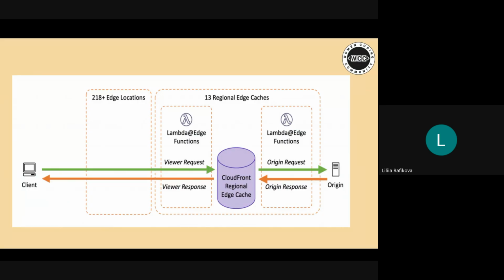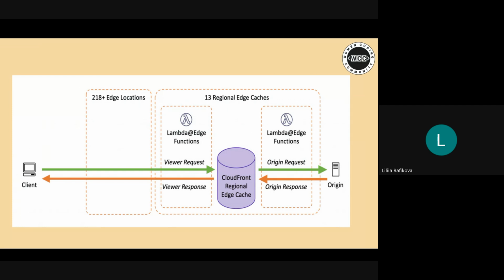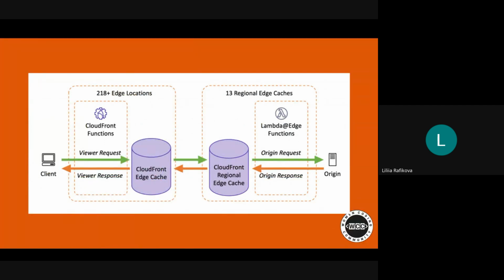So this is about Lambda Edge. Lambda Edge is only executed in the regional edge cache. That means you can right away understand that, from the perspective of latency and delivering content, CloudFront Function provides less latency than, for example, Lambda Edge, because Lambda Edge is executed in the regional edge cache, and CloudFront Function is executed on the edge location.